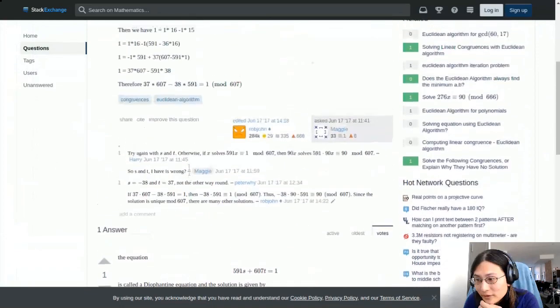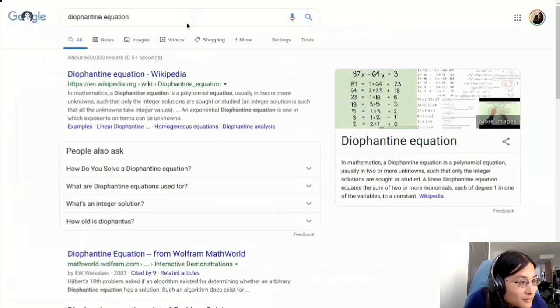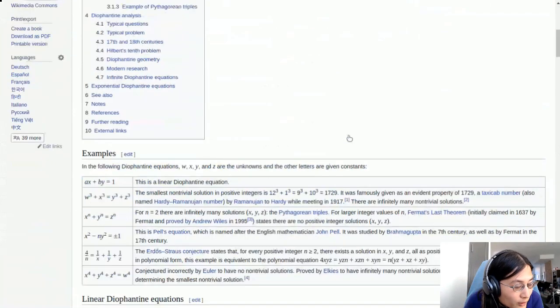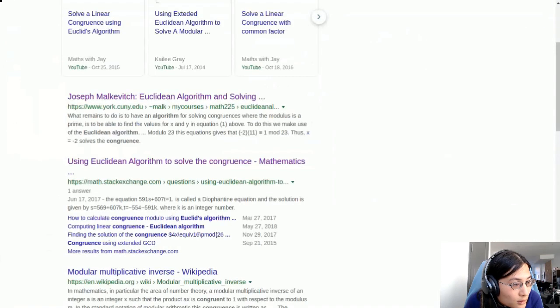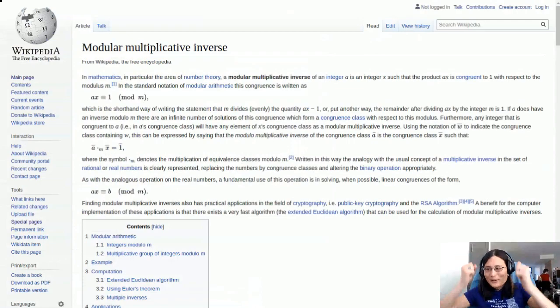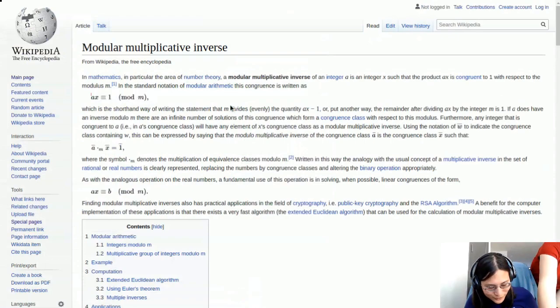It's called a Diophantine equation. No, that doesn't seem correct. Ah, yes. Bingo. Okay, this is what I was looking for. The modular multiplicative inverse. Yep, so ax equals 1.